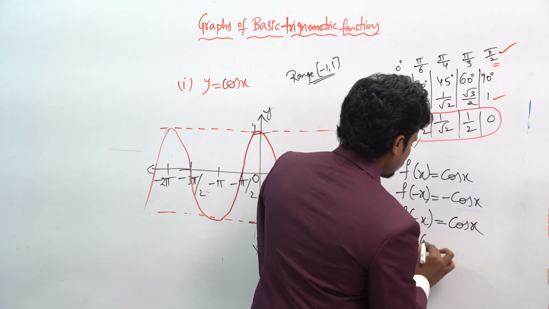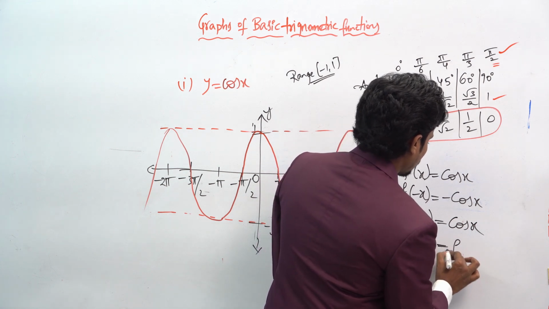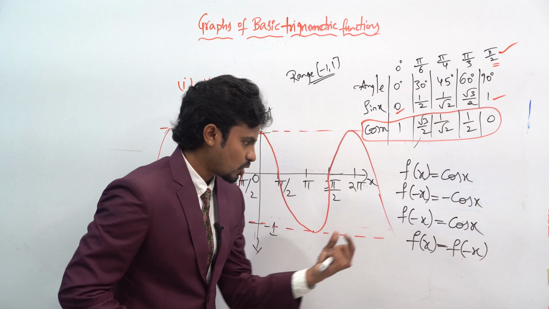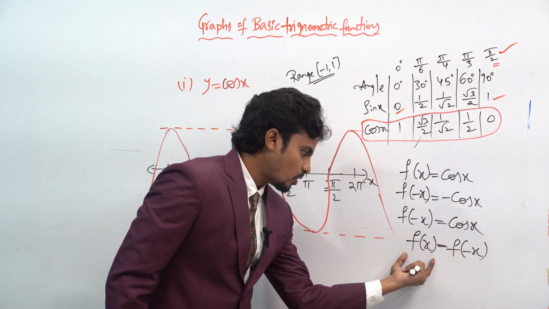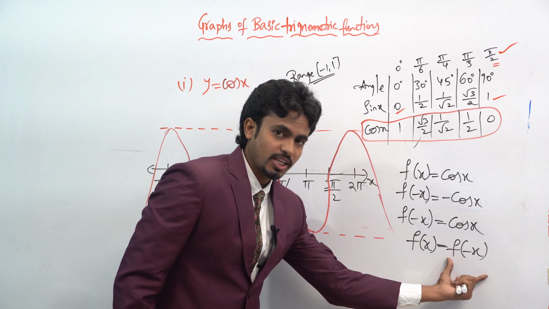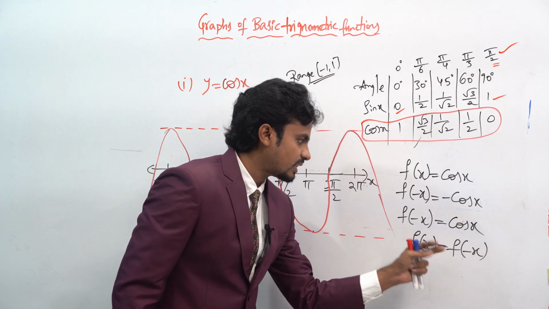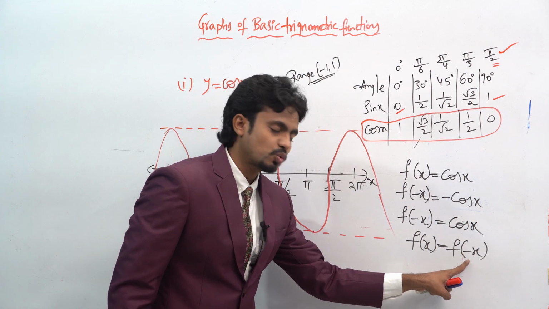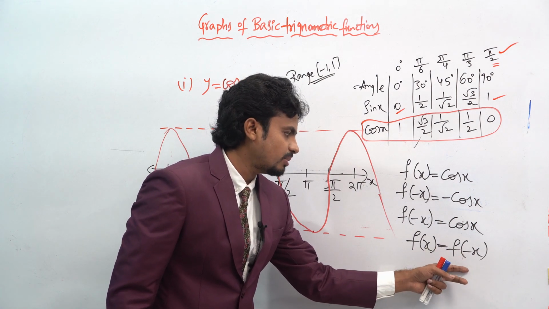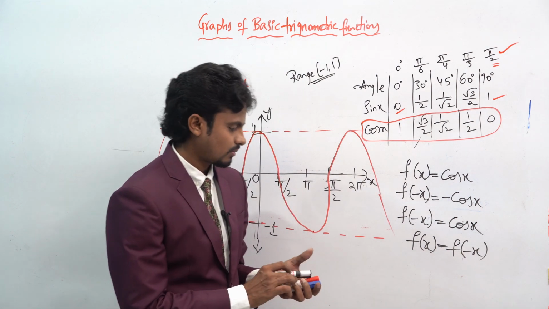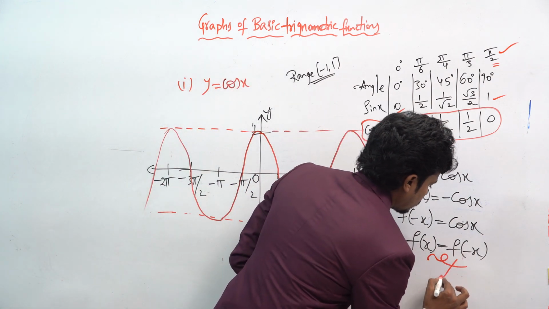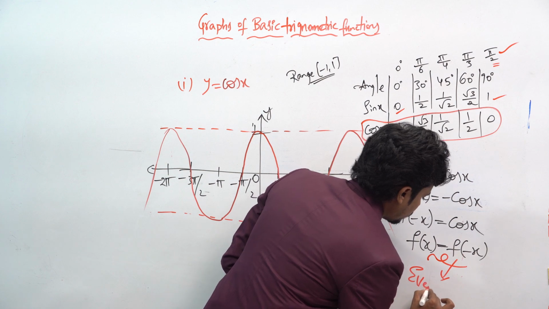So here if you equate f of x is equal to f of minus x, that means function is the even function. This function is the even function.